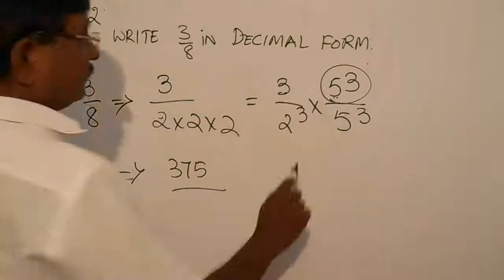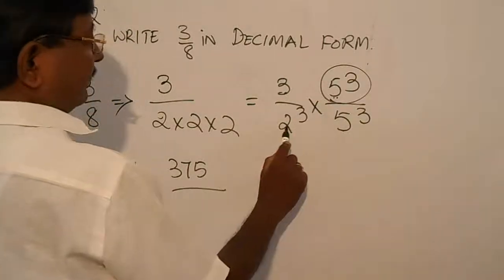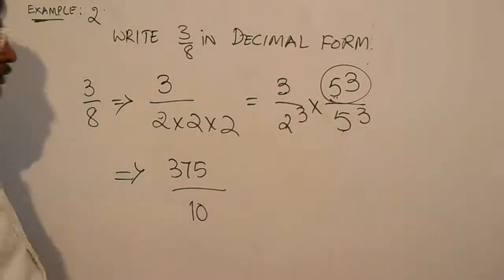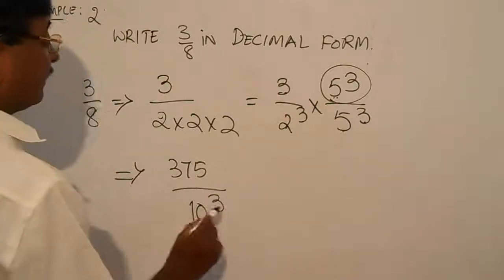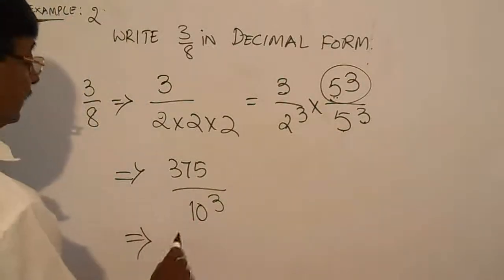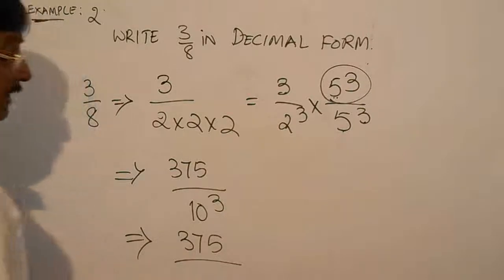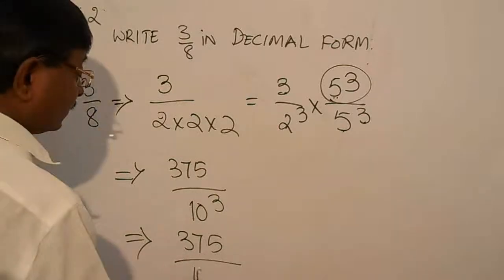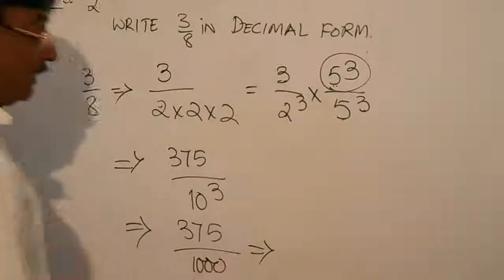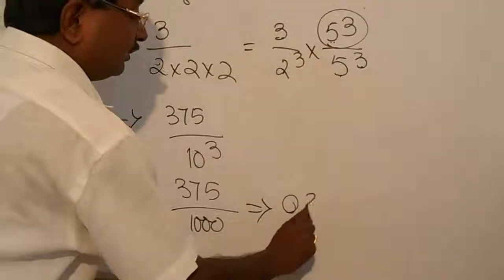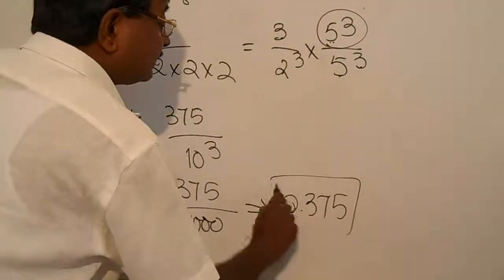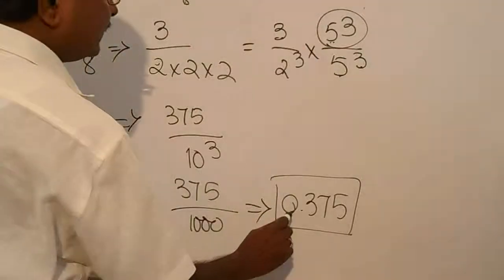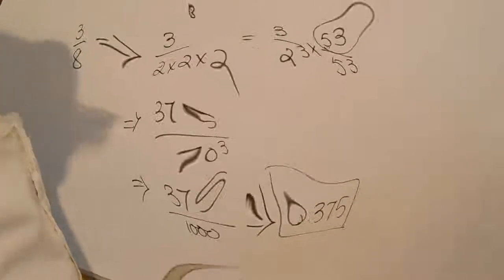Divided by, since the bases are different, I will multiply: 5 2s are 10, so 10 to the power of 3, which is 10 tens are 100, 100 tens are 1000. So it can be rewritten as 0.375, which is the answer. So 3 by 8 in decimal form is 0.375.